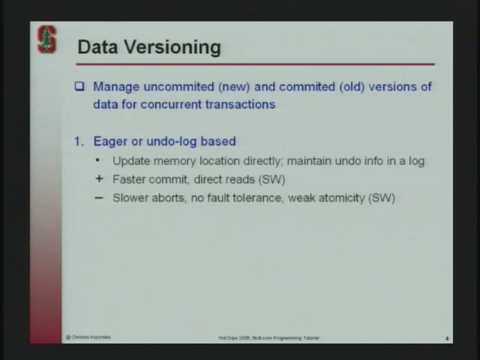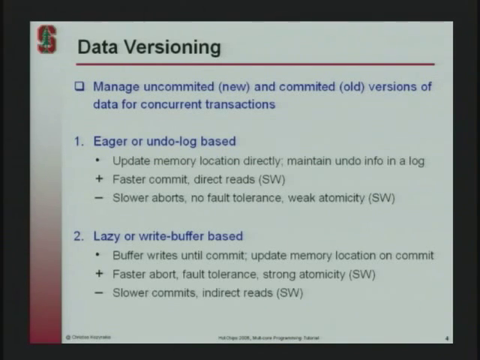Now, in order to make sure that you can recover the precise state of the machine if the transaction doesn't commit, you also need to save the old value of that variable or memory location on the side. And you typically push it into an undo log. Now, as we'll see in a second, this approach allows you to do quite fast commits. But on the other hand, aborts are a little bit slower, and you may have some issues with fault tolerance and consistency of the system.